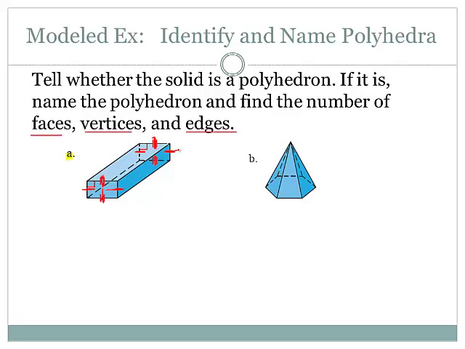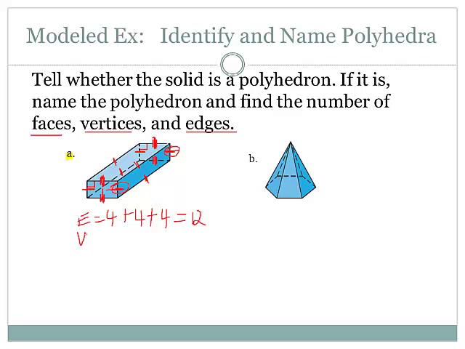So so far I've got 4 plus 4, plus now the side ones. 1, 2, and I've already counted this one. I've already counted this one. So I only have 2 there, and I have 1, 2 over here. So that means 4 total here. So the total edges I have are 12.